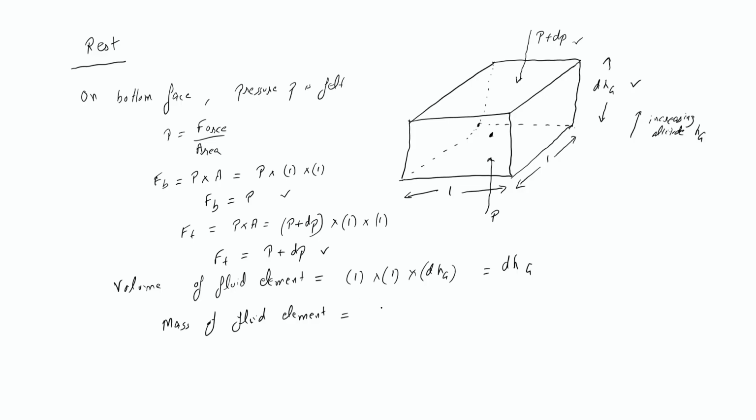Density into volume. Right. Remember, density was mass upon volume. Alright. So mass is density into volume. So let me consider density as rho into volume. Volume we have already calculated, dHg.